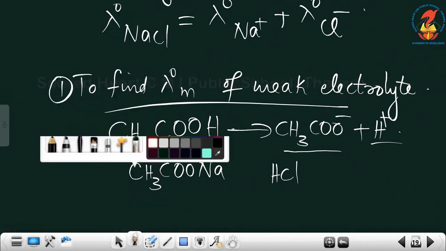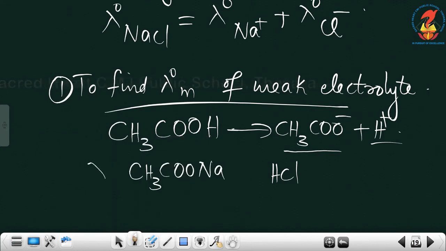If you know the lambda naught m value of sodium acetate and of hydrochloric acid, you can add them. Now sodium chloride, NaCl, is a strong electrolyte, but we have to subtract it to get CH3COOH.